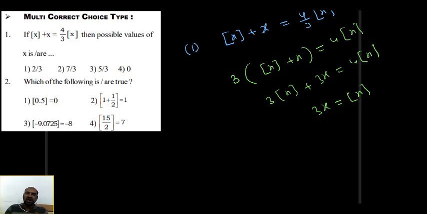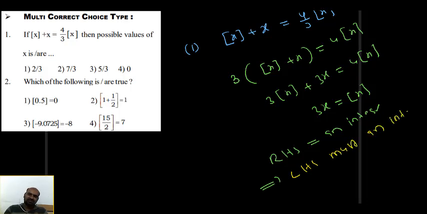Observe students, the RHS is an integer. What is the meaning of that? The LHS must be an integer. That is, 3x equal to an integer.